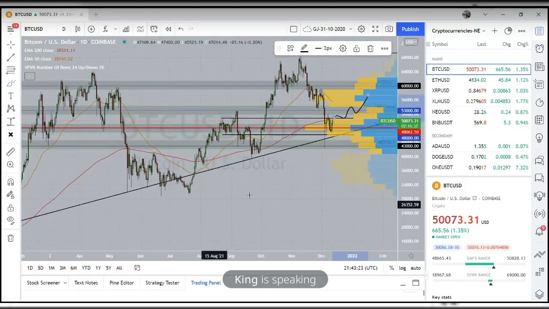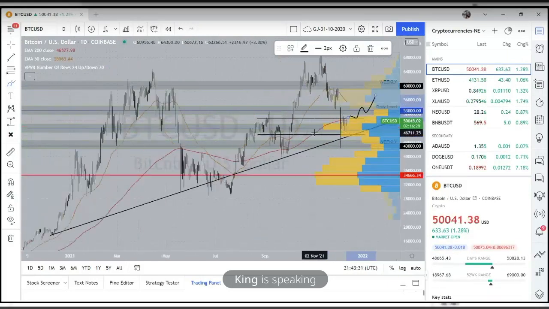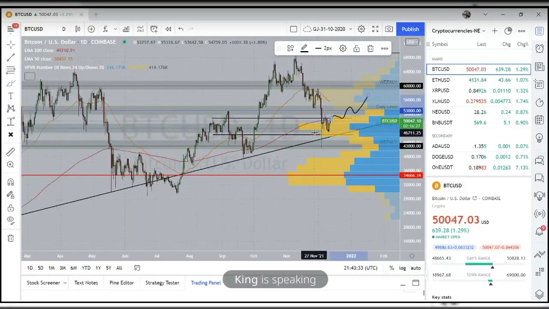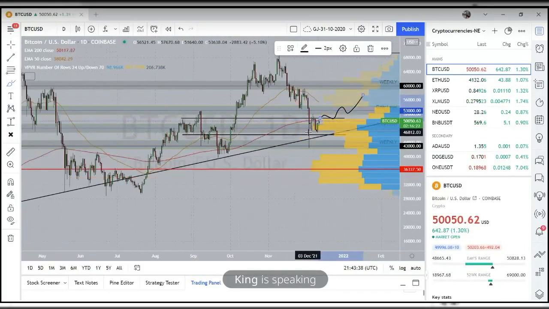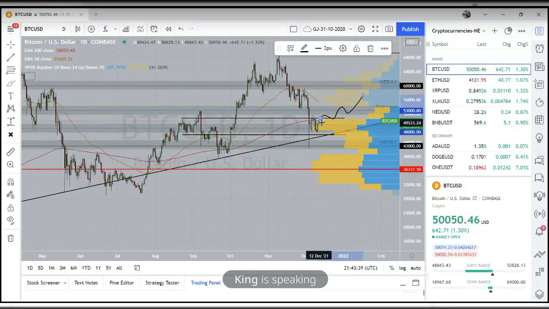So yeah, a break of the 200 EMA still could give us a decent move back down to, I'd say, 43K first.